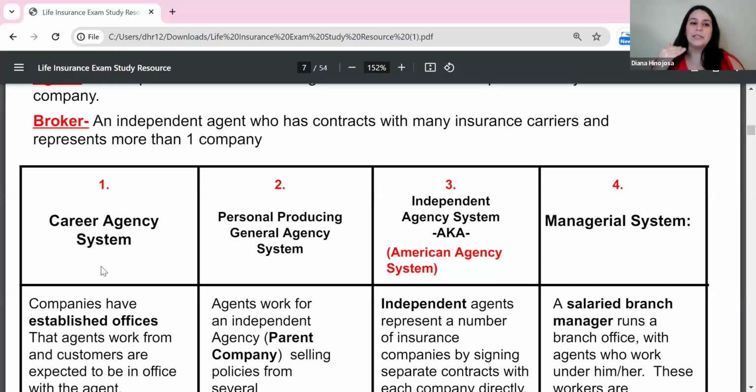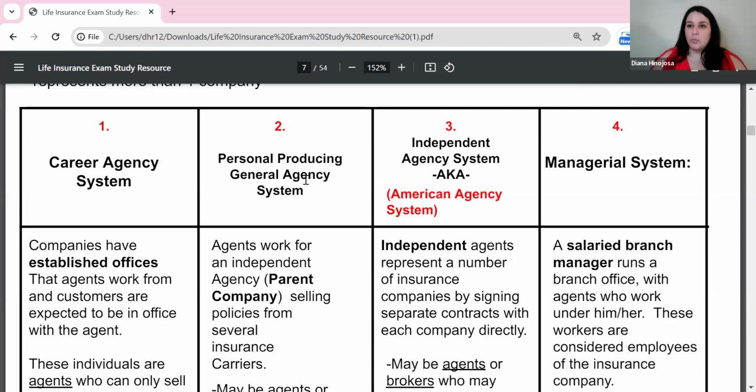All right, so this is our career agency system. The next one I really want you to pay attention to. This is where most agents start. They have more freedom and more room to grow, and also more companies that they can represent. So with your personal producing general agency system, I want you to think of that MLM structure. Now, I'm not bashing MLM, I think MLM is good, but think of that pyramid type of structure.